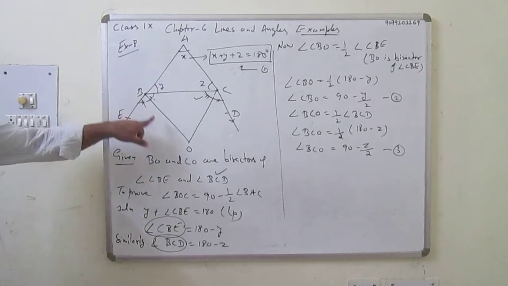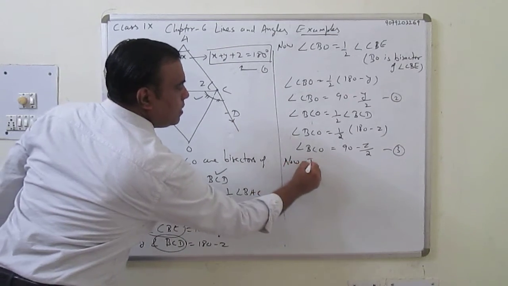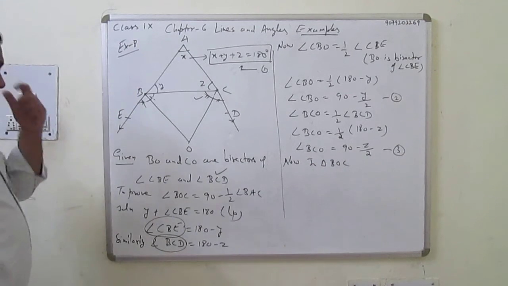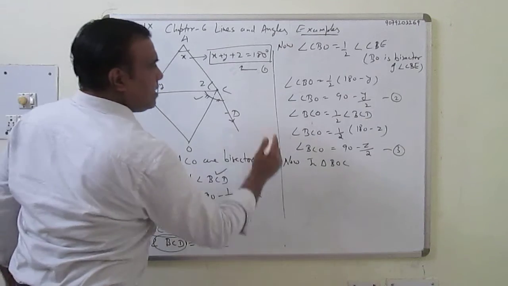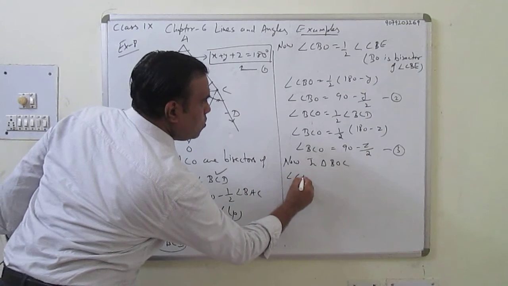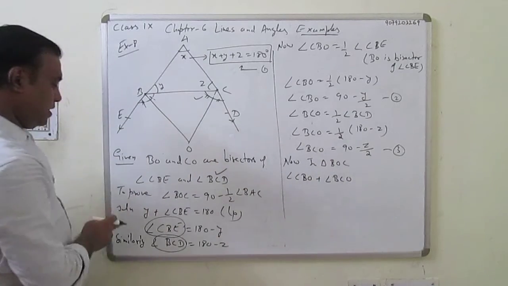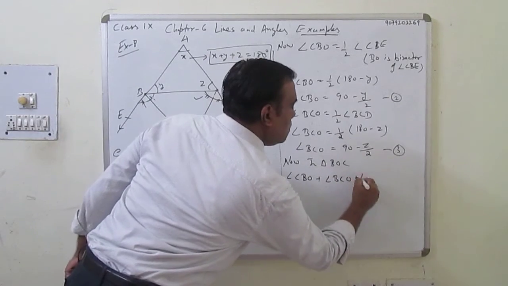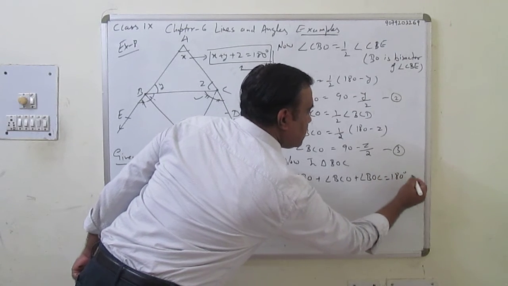Now in triangle BOC, use the angle sum property. The sum of three angles is 180 degrees. Angle CBO plus angle BCO plus angle BOC is 180.